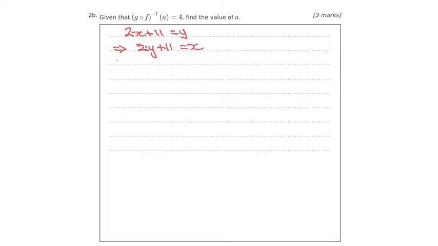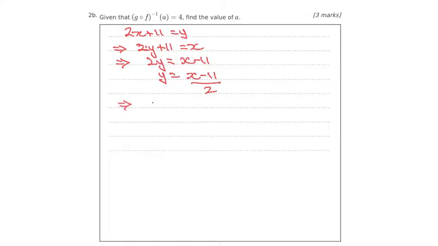Solve for y, so therefore we get 2y is equal to x minus 11. So y is equal to (x minus 11) over 2.